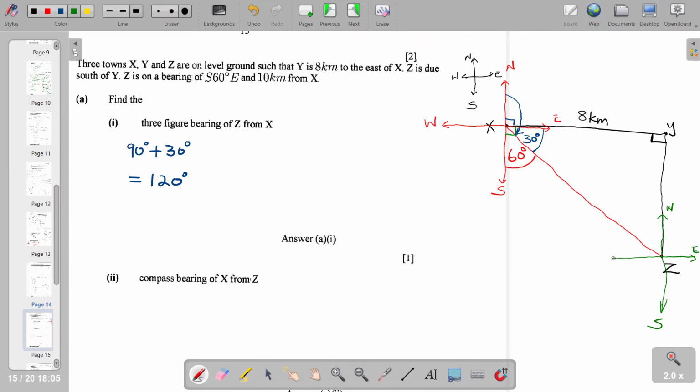In relation to Z, this is the west. Always compass bearing, remember, it's measured per each 90 degrees. So this one, we are going to measure it this way.